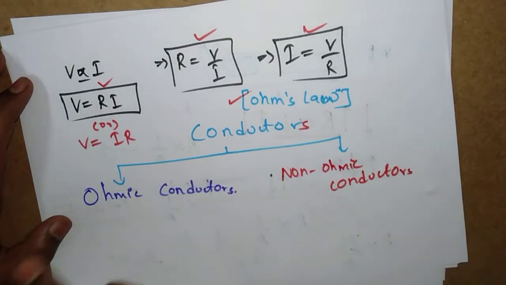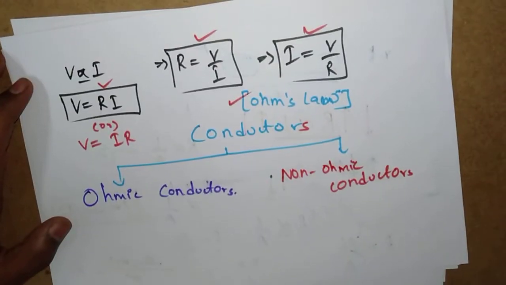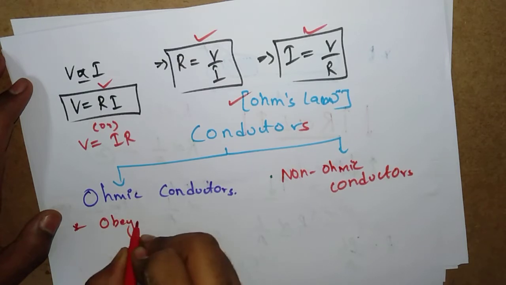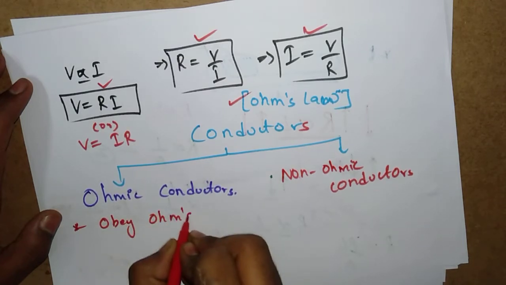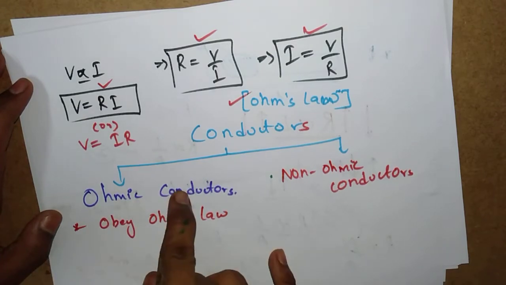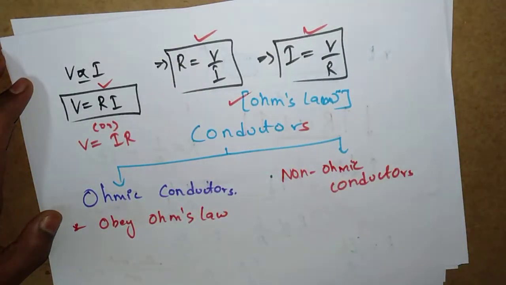So coming to the ohmic conductors, the conductors which obey Ohm's law are known as ohmic conductors. What I mean to say is, the conductors which follow Ohm's law. It means if you increase the voltage, automatically the current will increase at constant temperature. Ohmic conductor यहाँ पे क्या है? ऐसे conductors जो Ohm's law को follow करते हो.